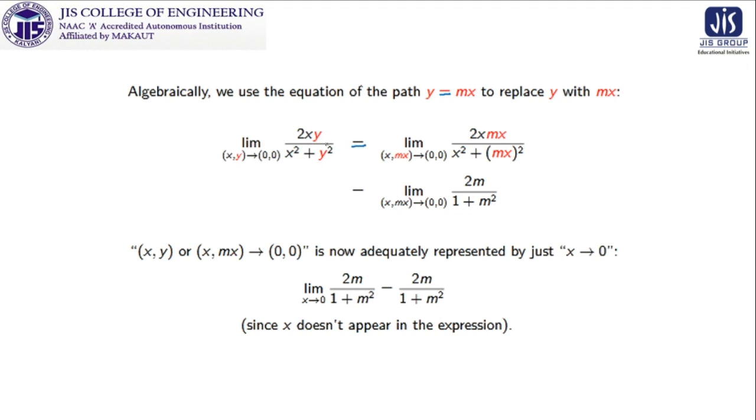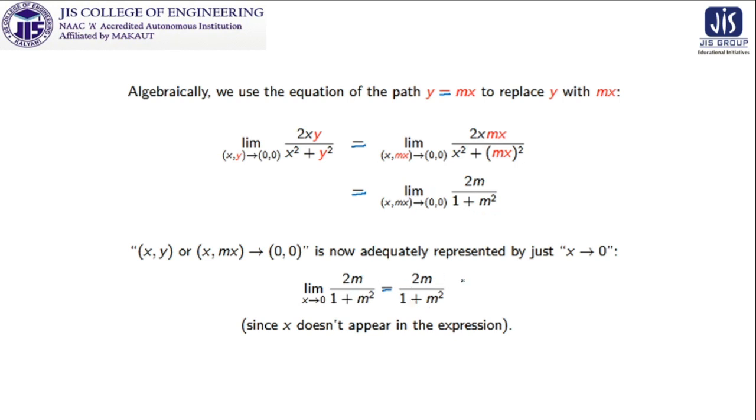Look at this: 2xy by x squared plus y squared. If we substitute, we get this one, because x squared cancels out from numerator and denominator. So (x,y) tends to (0,0) means (x, mx) tends to (0,0), and it is adequate to take only x tends to 0, because y is now substituted by m. And what we get is the limit of 2m by 1 plus m squared as x tends to 0.